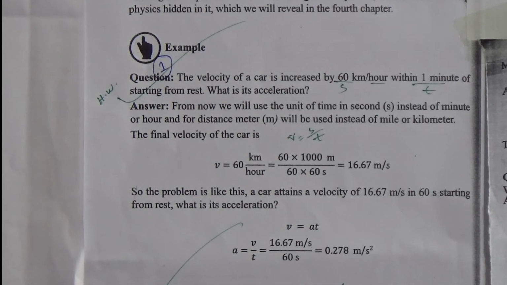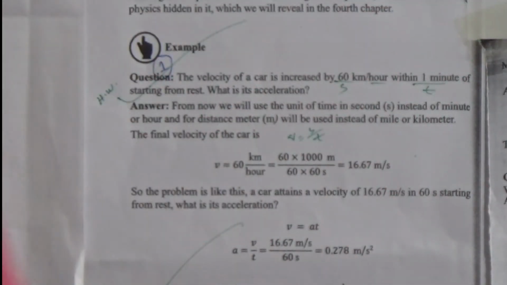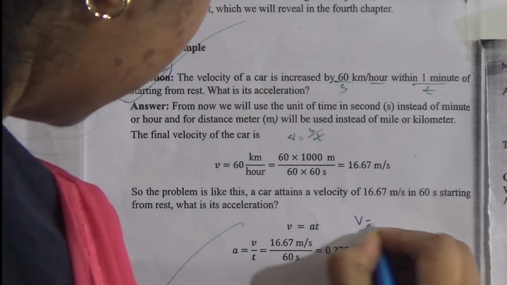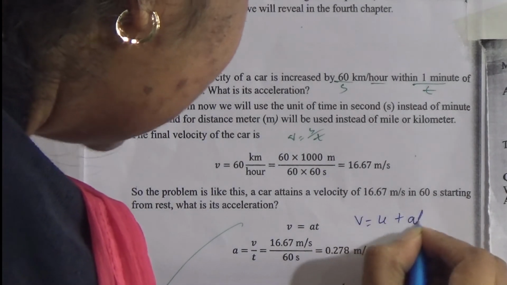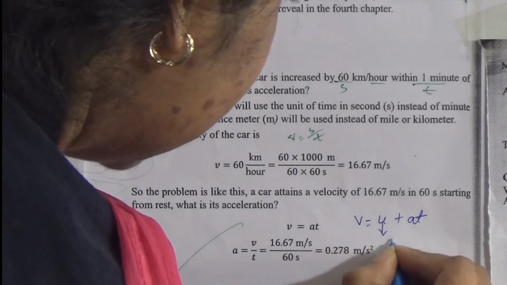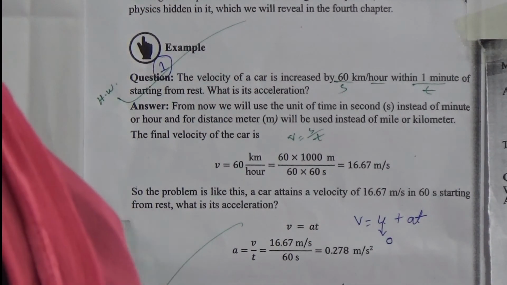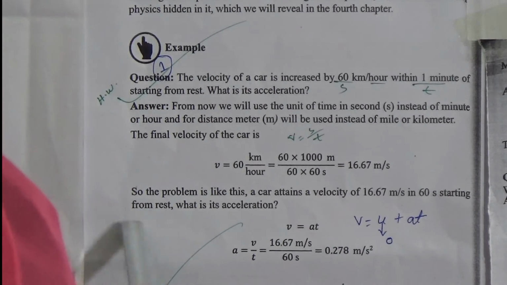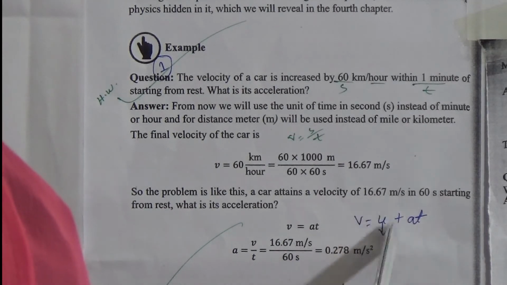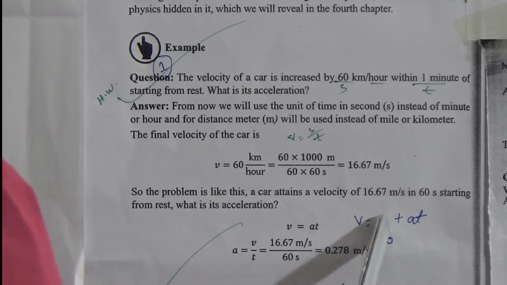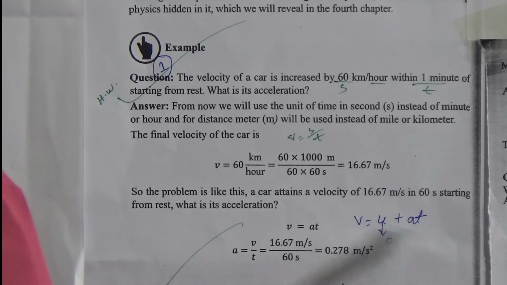We know the formula actually. v equal to u plus at. This value is 0 because from the rest position. That's why we write u equal to 0. That means we can write v equal to at.